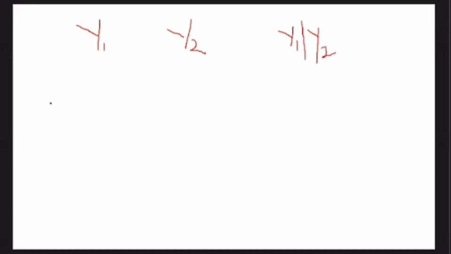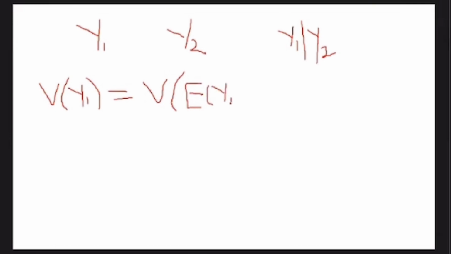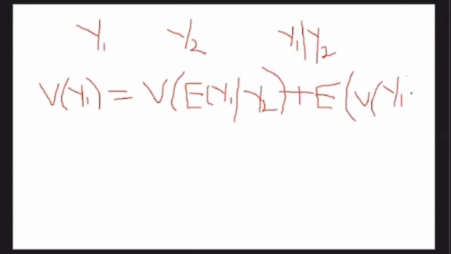Now the variance of y1, this is from the theorem you did before in 4101, is going to be equal to the variance of the expectation of y1 given y2, plus the expectation of the conditional variance of y1 given y2. This is from statistical theory.